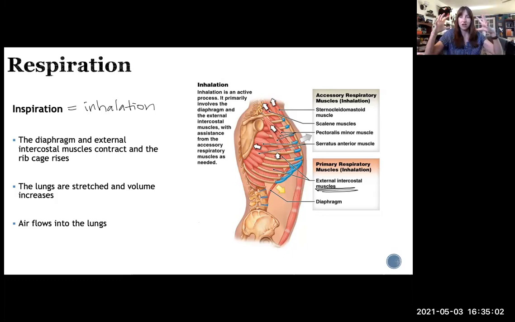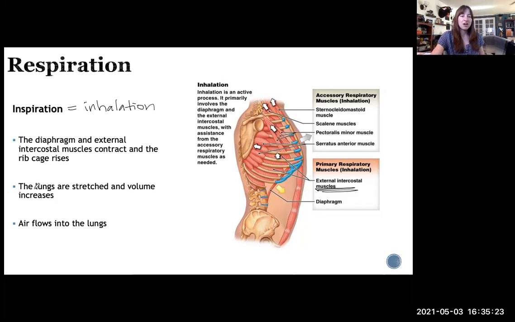So it's sucking the lung walls out with the walls of the thorax, and that is increasing the area inside of the lungs, which decreases the pressure of the gases in the lungs, which causes the atmosphere to flow down its pressure gradient down into the lungs because you're creating a vacuum.